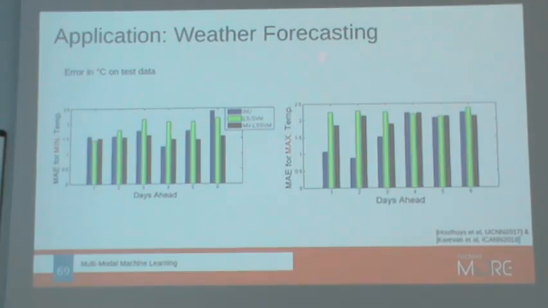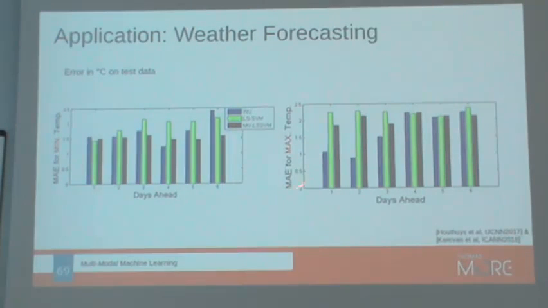You can see here that for minimum temperature, we are definitely able to improve. We can improve on Weather Underground even very early on, and we also clearly improve on just using one view. This was a very nice example. And also for maximum temperature we did very well.